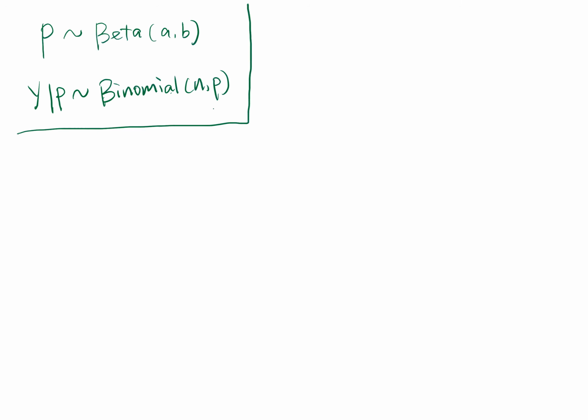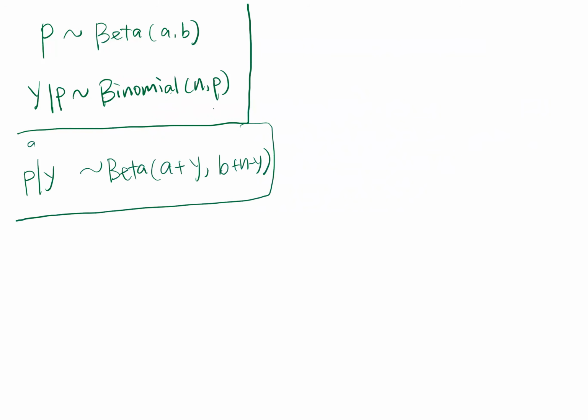And the goal, remember, is to derive this distribution. We already know the answer, so let me just write it out over here. It's a plus y, and then b plus m minus y, okay? All right, so this is the goal, how to derive this more rigorously.